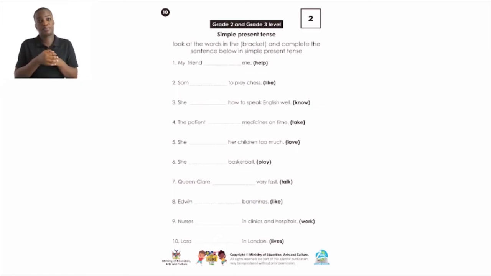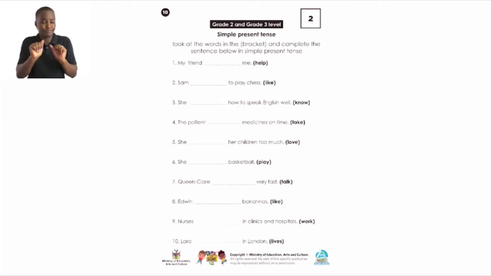Let's move on to number 3. Number 3 says, she dash how to speak English well. If we are using the same rule that we have been applying to number 1 and number 2, that means that it will say, she knows how to speak English well.